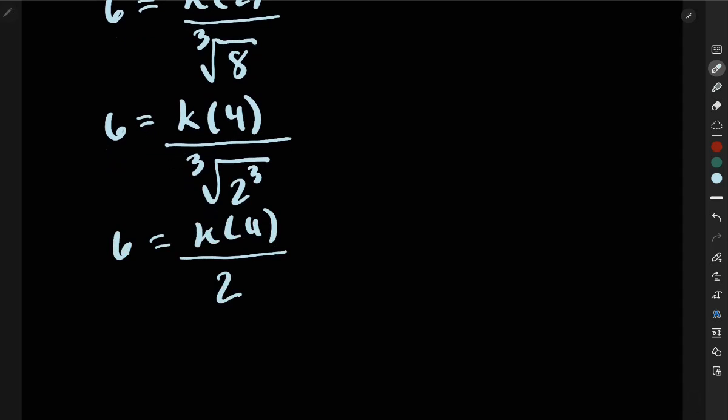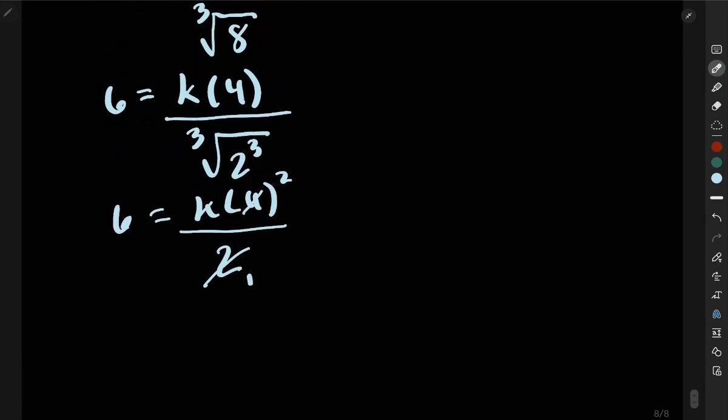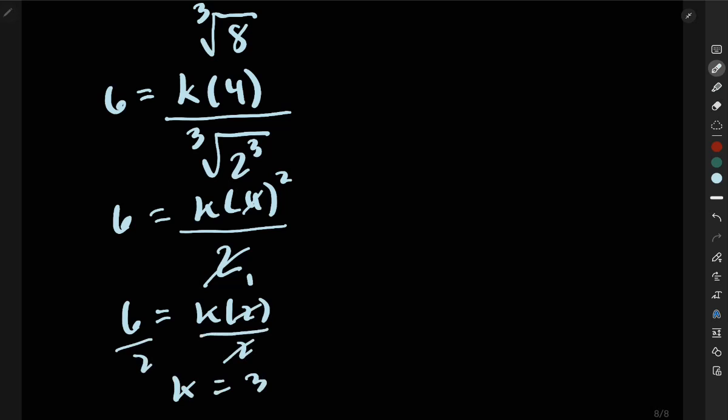And then we can reduce further 2 and 4, that's 2 and 1. They are both divisible by 2. So 6 is equal to K times 2. Then divide 2 both sides. So cancel the 2. K is equal to 6 divided by 2, 3. So our K is 3.